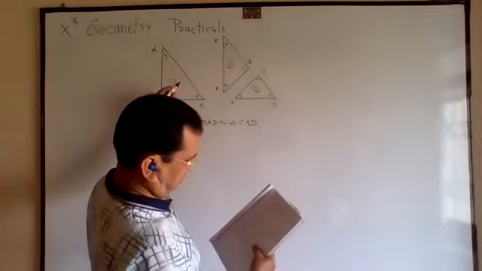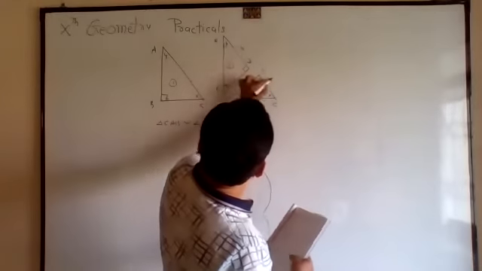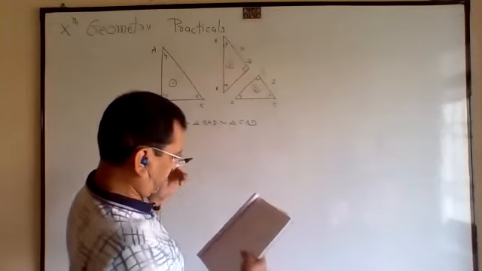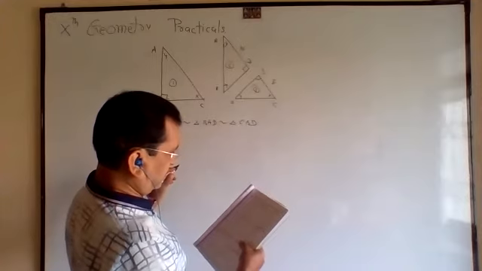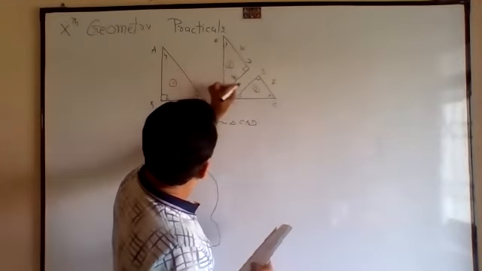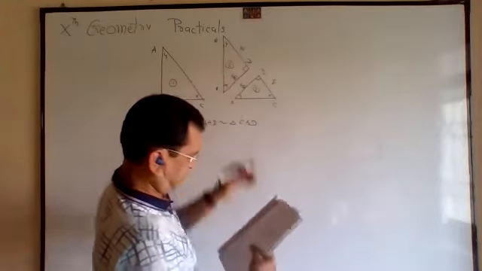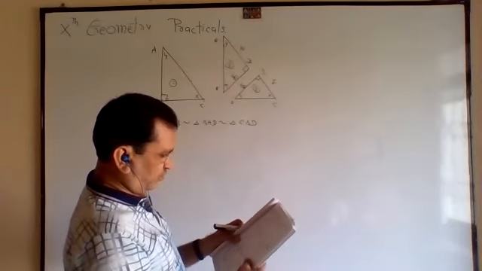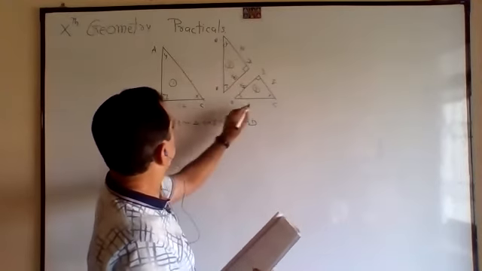Take this: 10, 8, x is equal to 4 root 5, y is equal to 12.